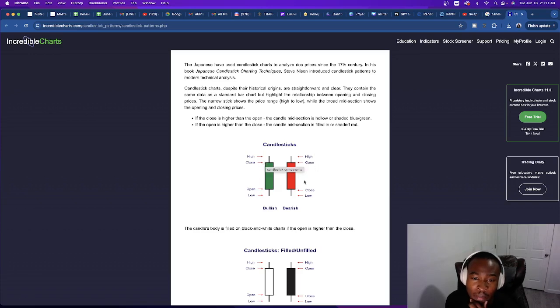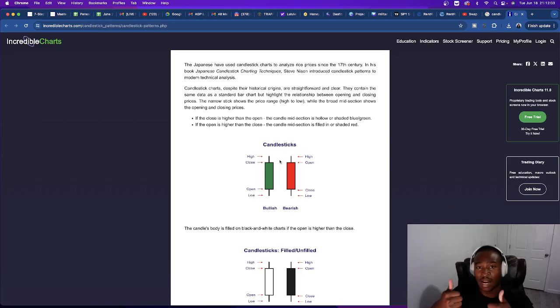And how they are created: you just have to remember this because it took me a while at the beginning. The green candlesticks open low and they close high, right? So it's like thumbs up, thumbs go up.